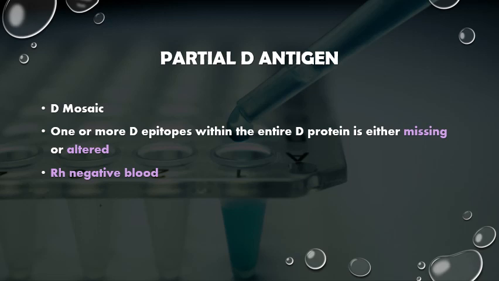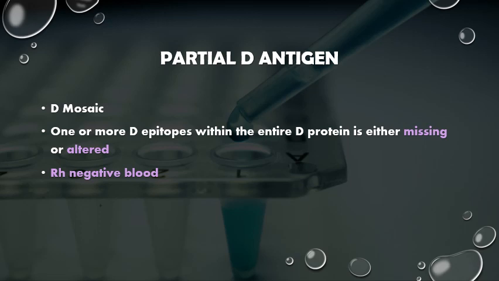Partial D is a mechanism where one or more epitopes or parts of the D protein are missing or altered. It is also called D mosaic. In this mechanism, the D antigen is not complete. RBCs of this type weakly react or do not react at all in immediate spin.